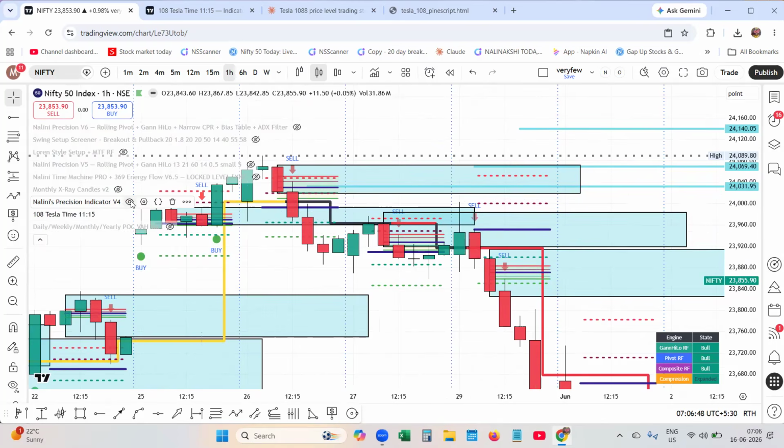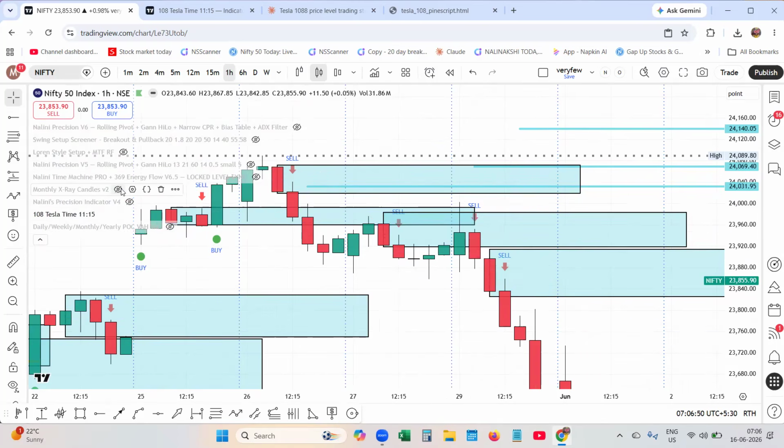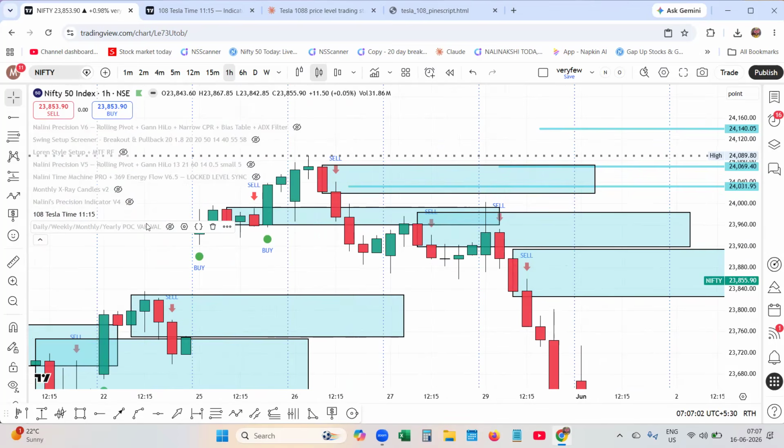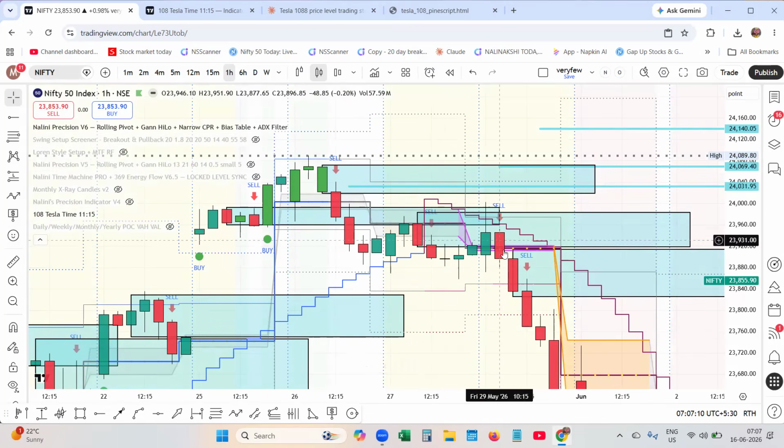Let me hide this and enable it, to show how all these concepts complement each other: price, price action, time, and also balance.